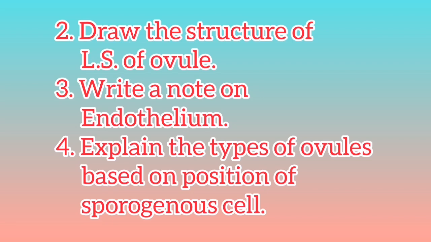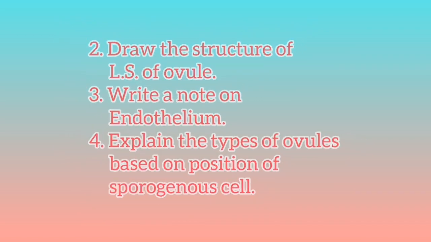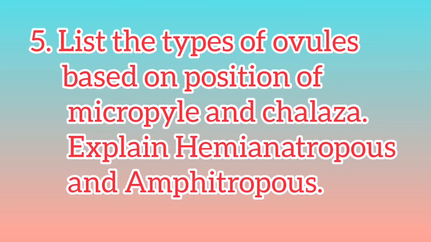Write a note on endothelium. 4. Explain the types of ovules based on the position of sporogenous cell. 5. List the types of ovules based on the position of micropyle and chalaza. Explain hemianatropous and amphitropous.